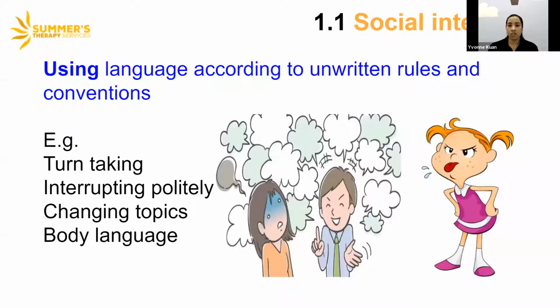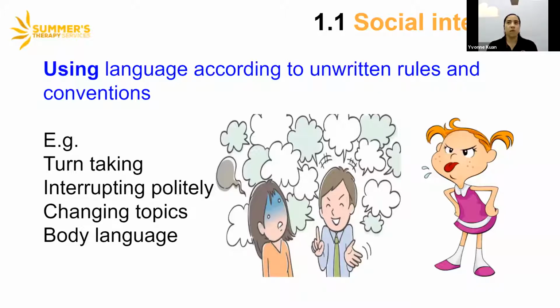Knowing how to change your topics is also part of this. So I know that in a conversation, if I am talking to you, for example, now I'm talking about maybe my day on Sunday, and now I suddenly want to talk about, oh, what I ate yesterday. I do not suddenly go, oh, on Sunday I went to the park and oh, it was so sweet. It was so sweet I couldn't take it.